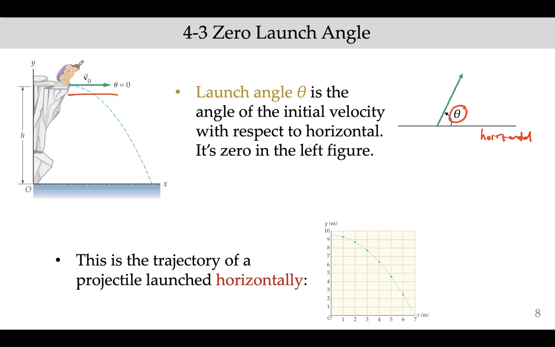So if you have a motion with a 0 launch angle, then the trajectory would look like this. It starts from here, and then it will follow this trajectory. And again, that trajectory would be a parabola.